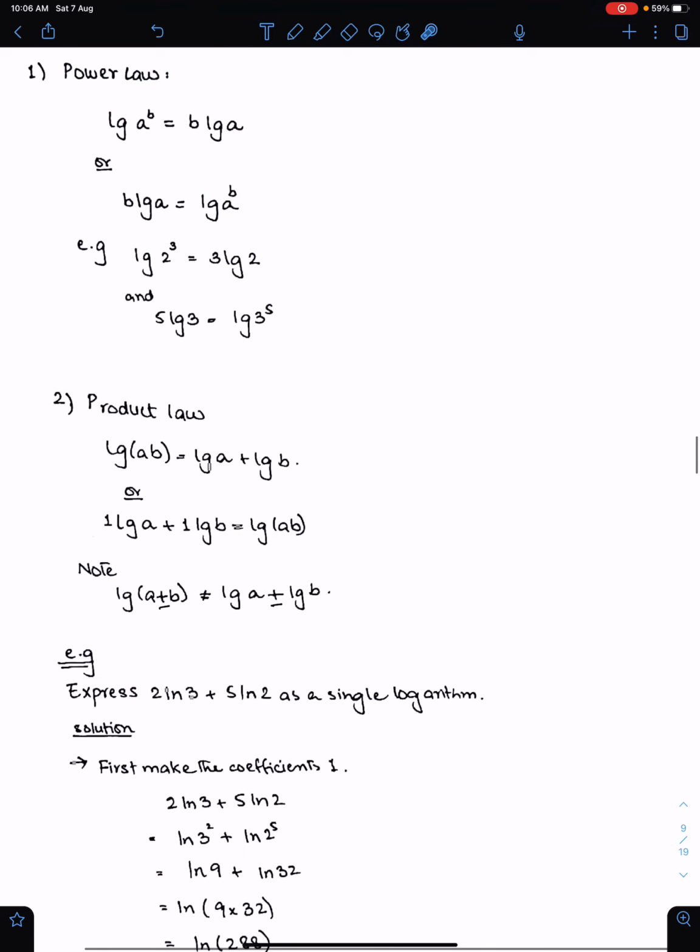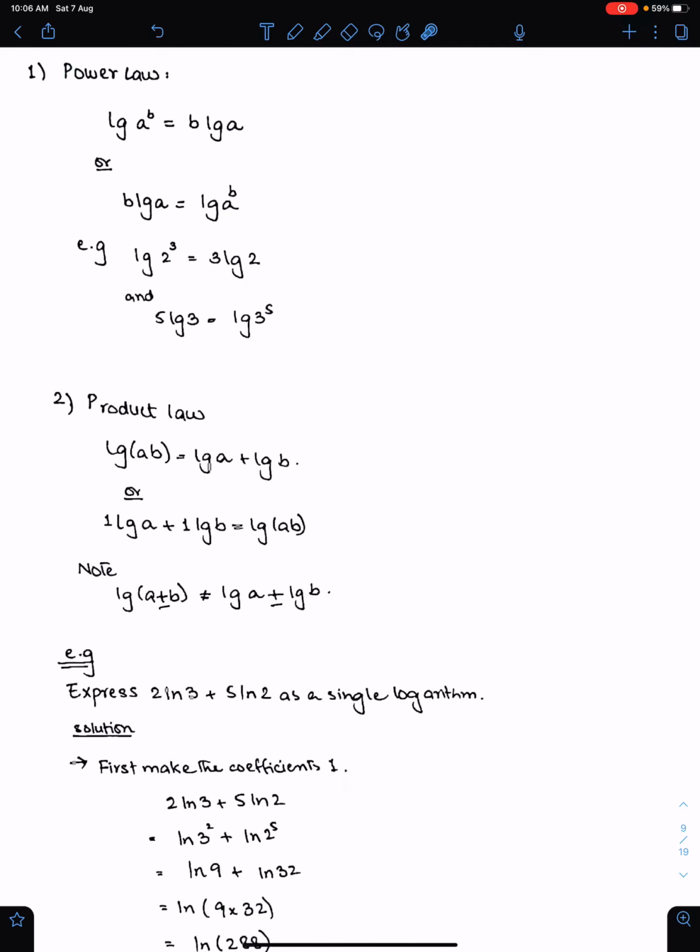Number 2. Product law. If two functions are multiplied, then we can distribute log to both the functions with a plus sign between the logs. Like this: log of a times b can be written as log a plus log b.